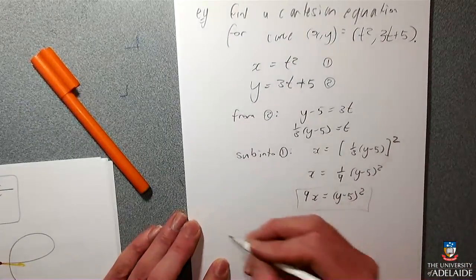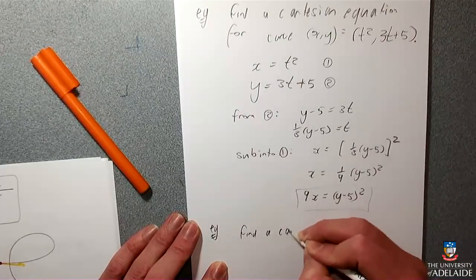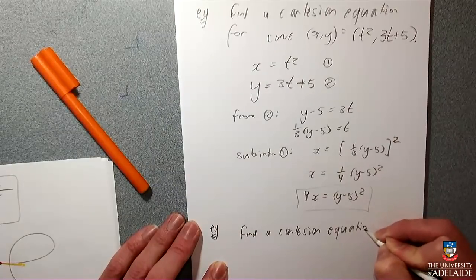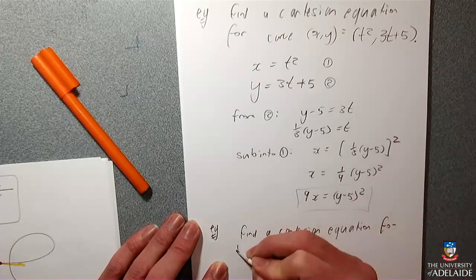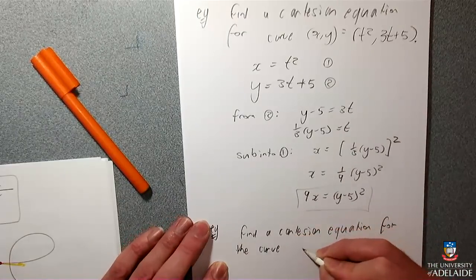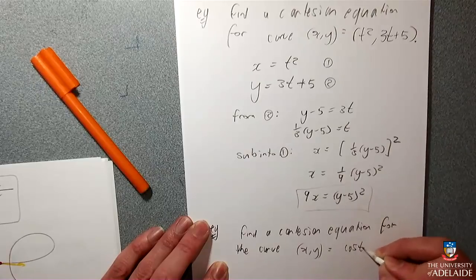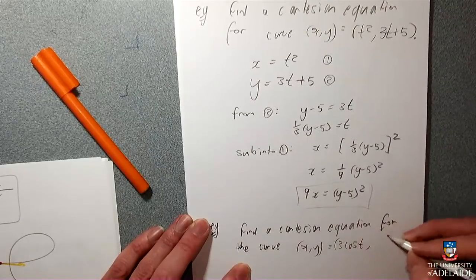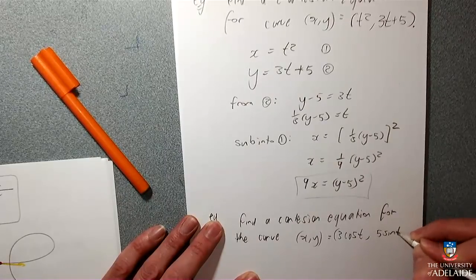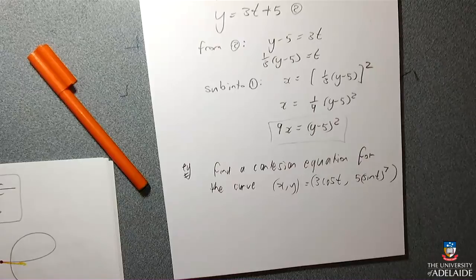And the other one is where you see something like, something like that, x equals 3 cos t, y equals 5 sin t to the 7.